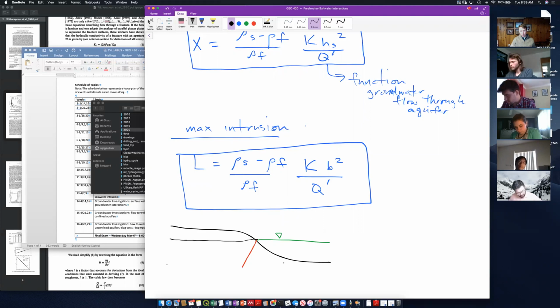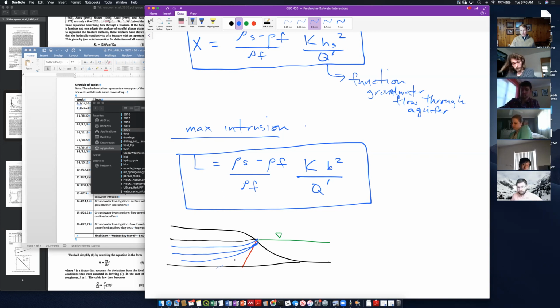Essentially it flows through here and discharges out to the surface. So here's our interface. The location of the interface is a function of this discharge, Q.